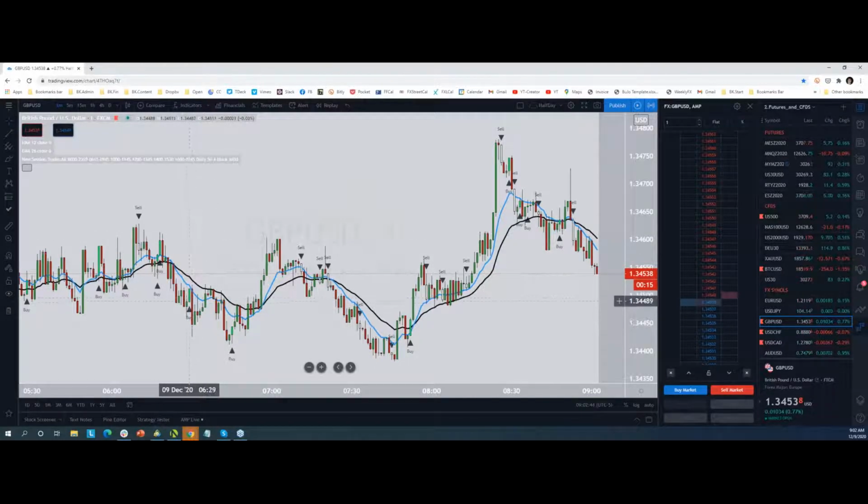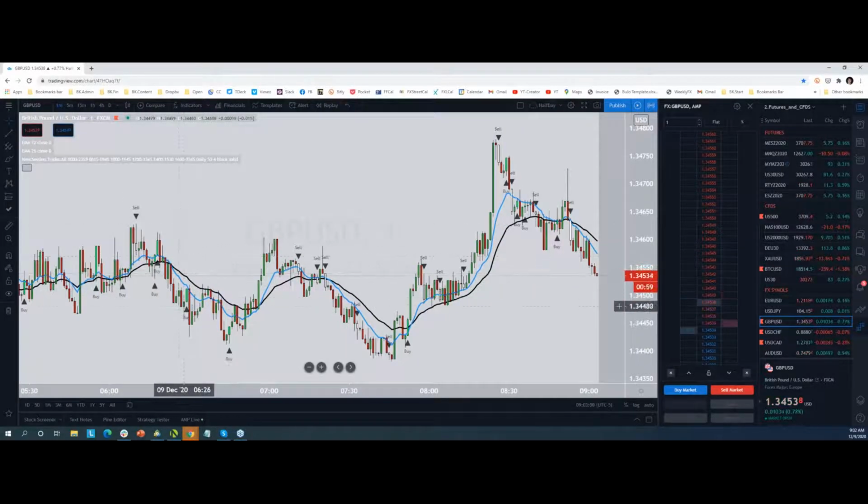Cable. This is the reason why cable is very difficult to trade, and why you have to, I would say, compensate for the volatility by not using the candle highs and lows, but perhaps using the swing highs and lows. So in this case, you have a break over here at 45. The swing high is 62.